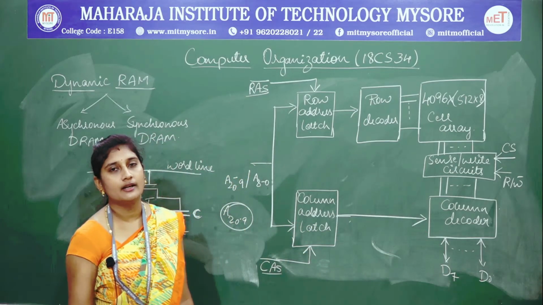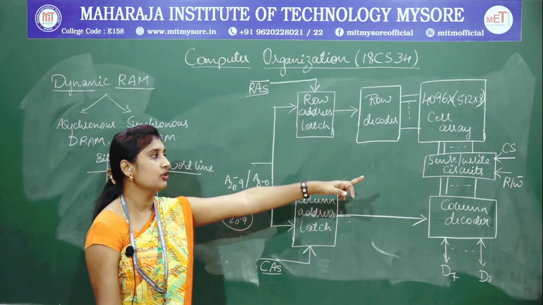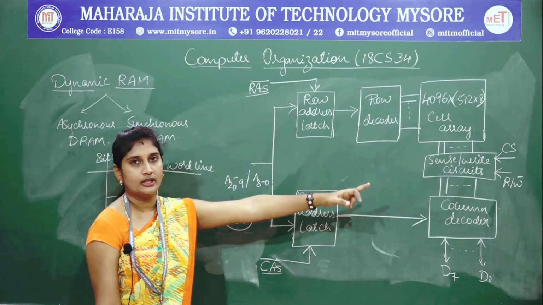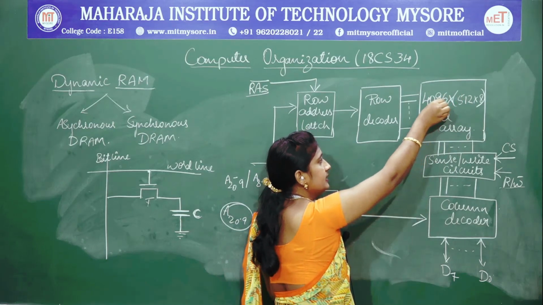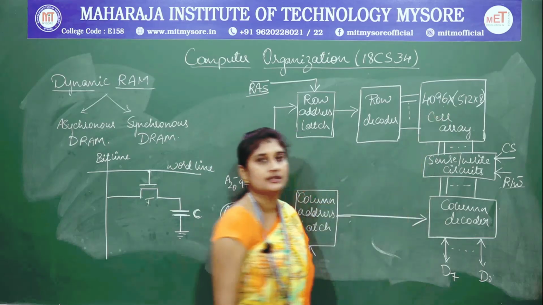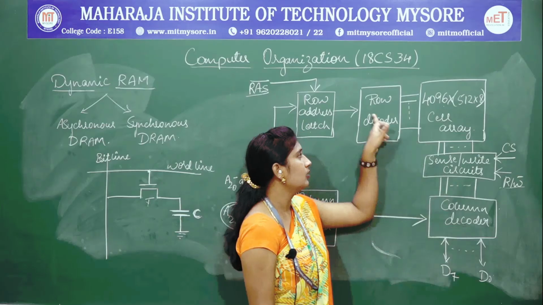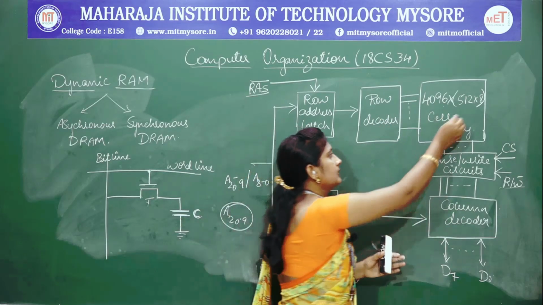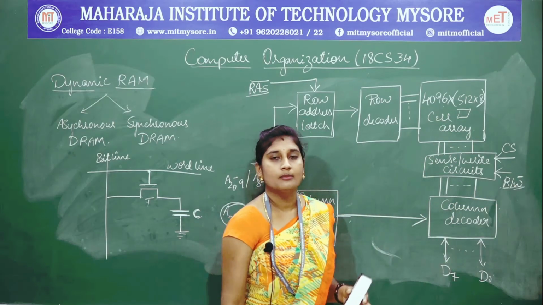So that particular addressed cell will get decoded and the corresponding sense or write circuit will get operated, to perform the read operation or write operation. In that particular cell, to which the address is sent through the row decoder and column decoder, whichever operation is specified, the following read or write operation will be performed.